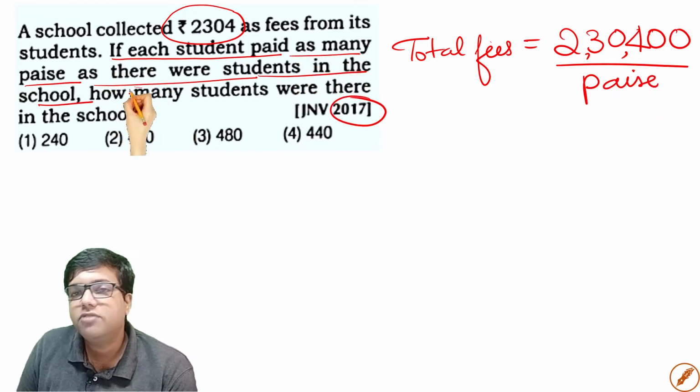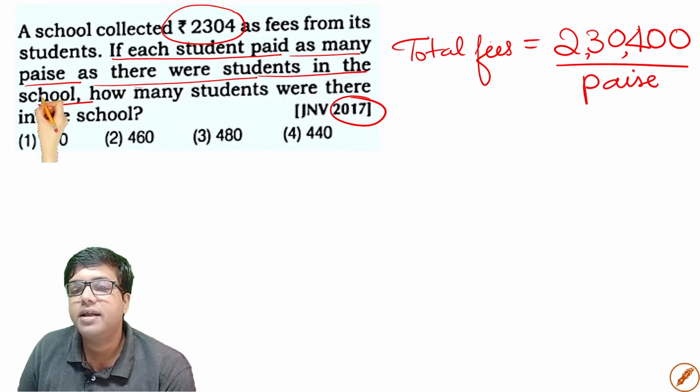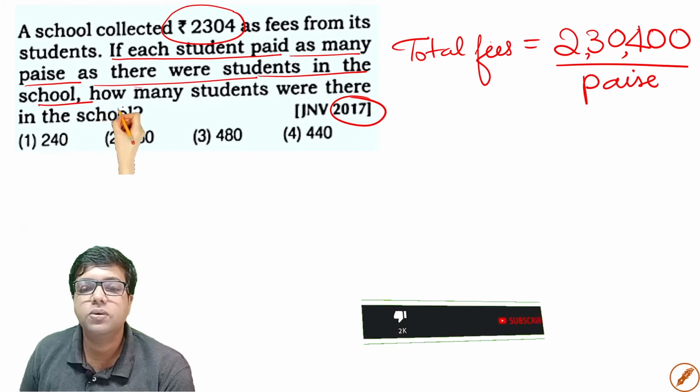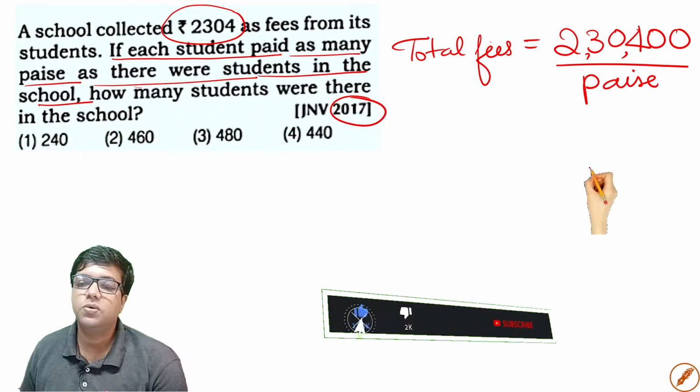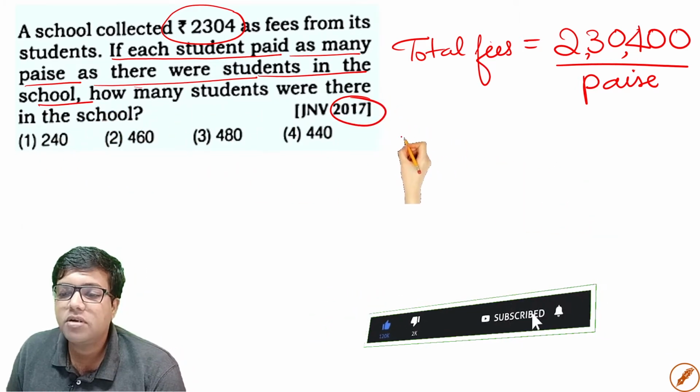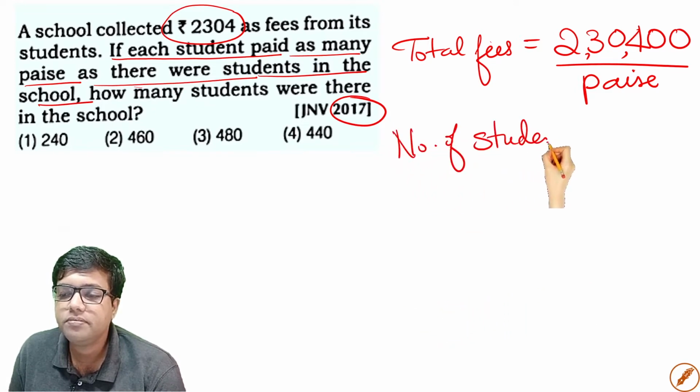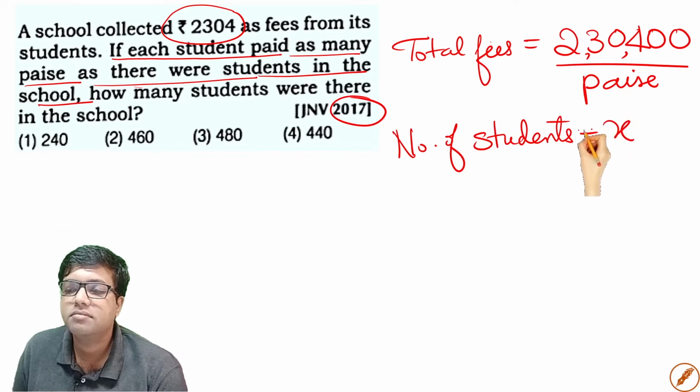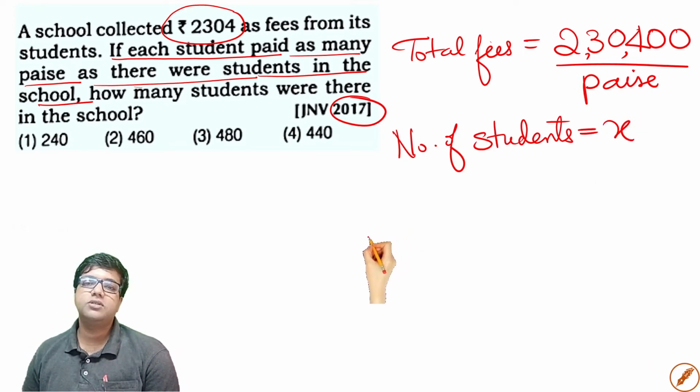So the given information is, if each student paid as many paise as there were number of students in the school, how many students were there? Let's call the number of students x.